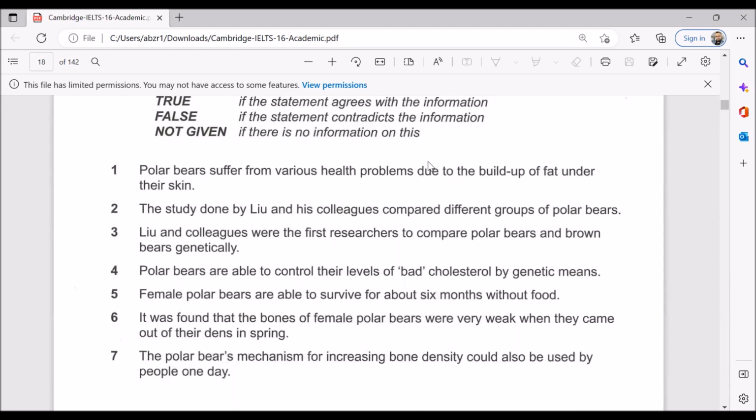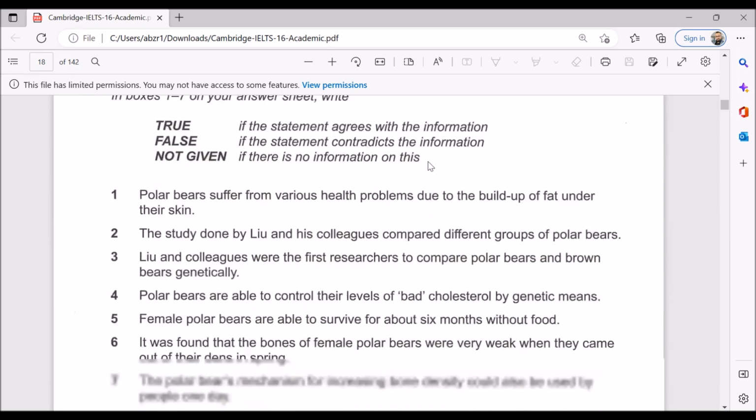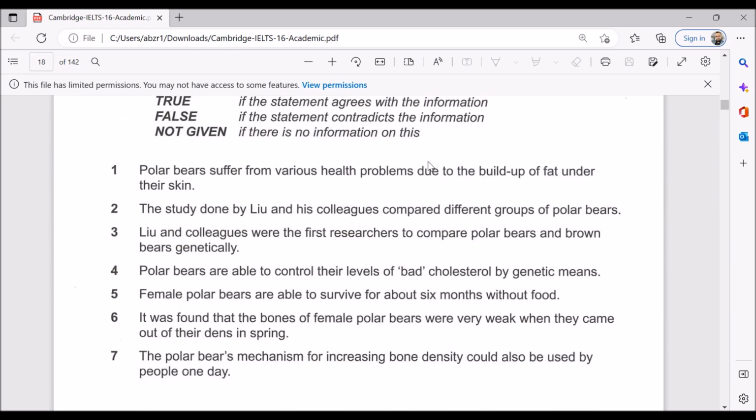Qualifying words are always, never, often, sometimes. These are the words which are changing the meaning, or even however, a contradictory word, these are changing the meaning. Be very much conscious about those when you are going to answer true, false, and not given. Maybe you find the answer is false, but just because they use the contradictory word, they use a qualifying word there, the answer could go to not given.